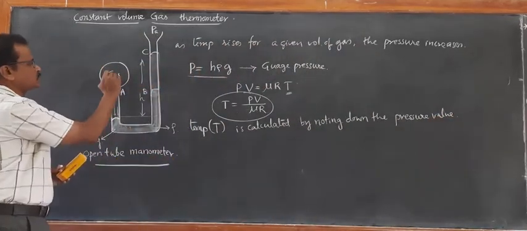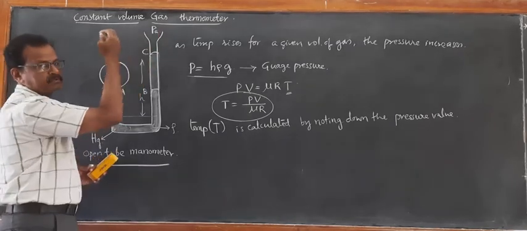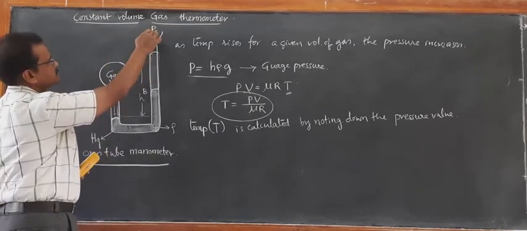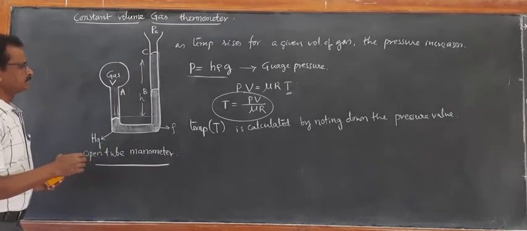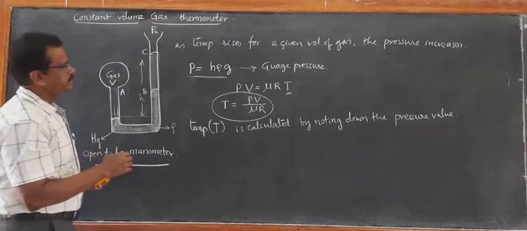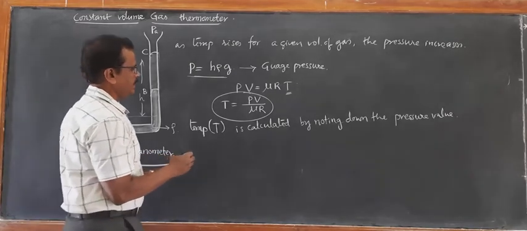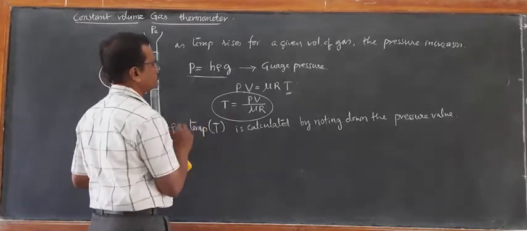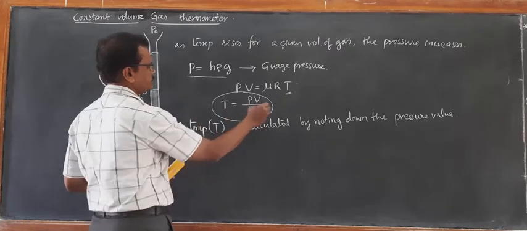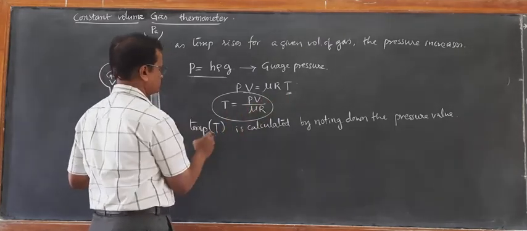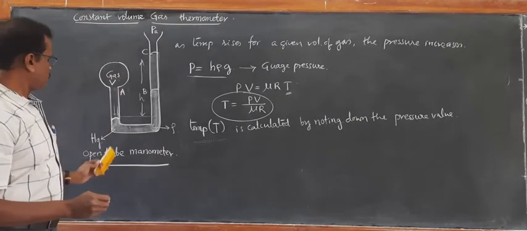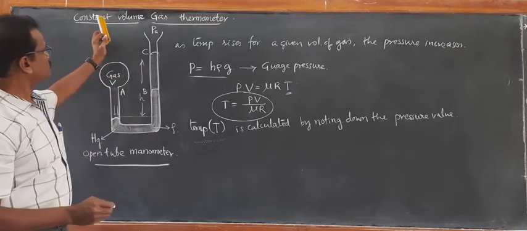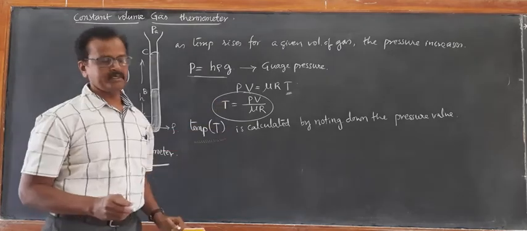One side is closed here, and the other side is open to the atmosphere, so on the other side it is PA. P minus PA gives us the gauge pressure. Using that gauge pressure, we will be able to calculate the temperature T equal to PV upon mu R. This is how we calculate temperature using an open tube manometer, which is also called a constant volume gas thermometer.